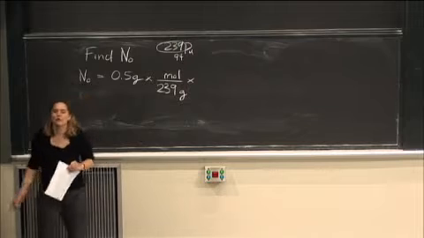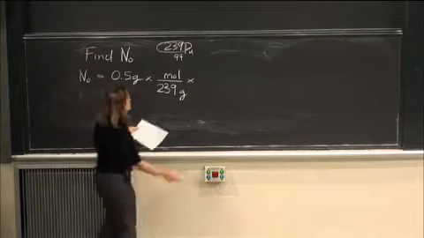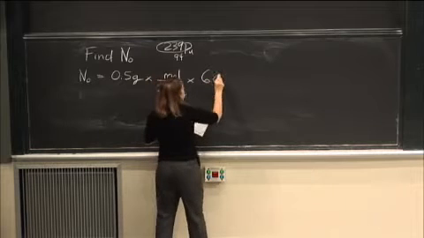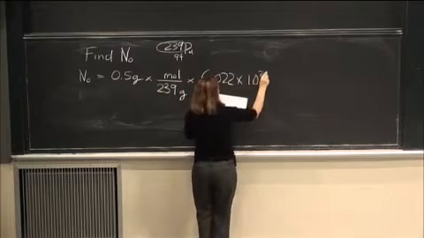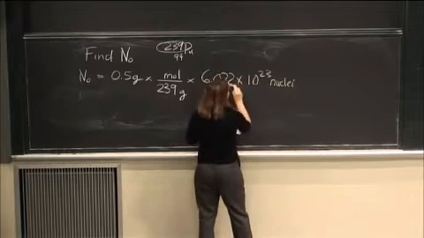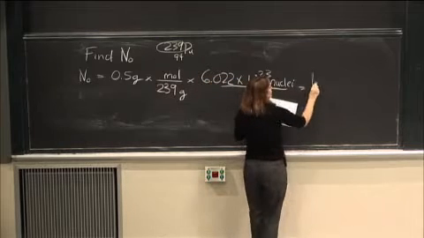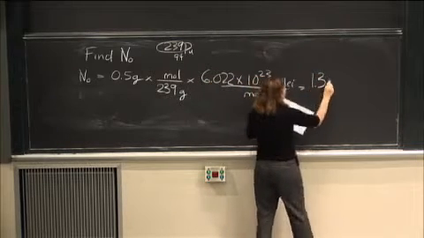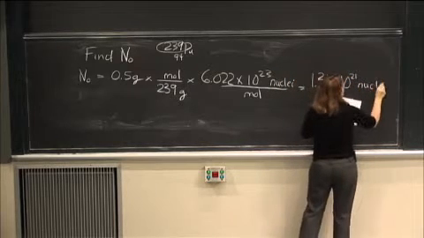So how do we go from moles to molecules? Avogadro's number, 6.022 times 10 to the 23rd. This time we're going to talk about it in terms of nuclei per mole. And so that's going to give us 1.3 times 10 to the 21 nuclei.